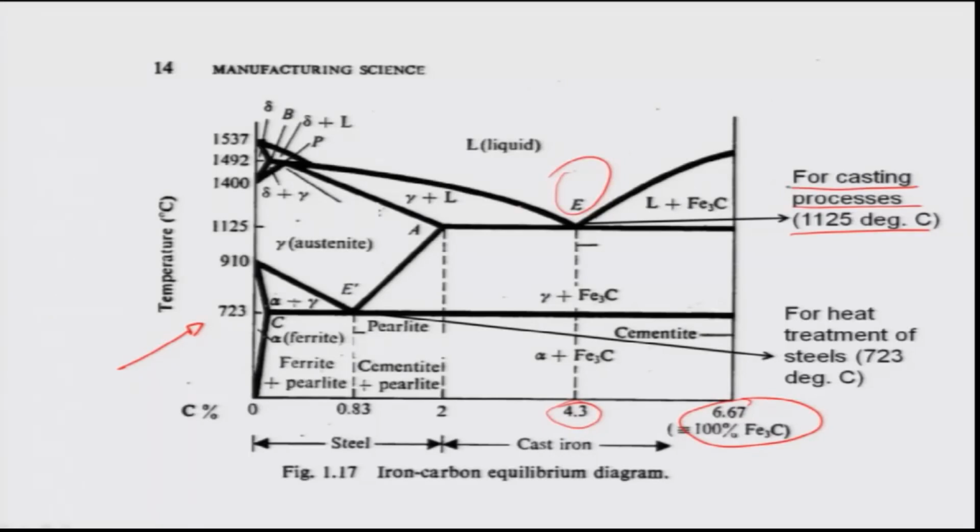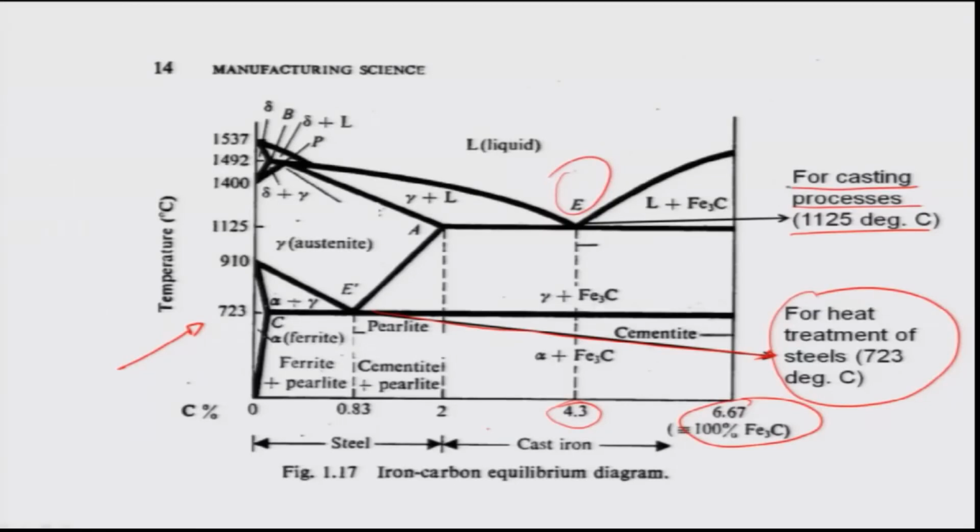Then there is a region which is important for heat treatment of steels, which is 723 degrees Celsius, this particular region right here, and this is related to metal working processes. It can be metal forming of various kinds.